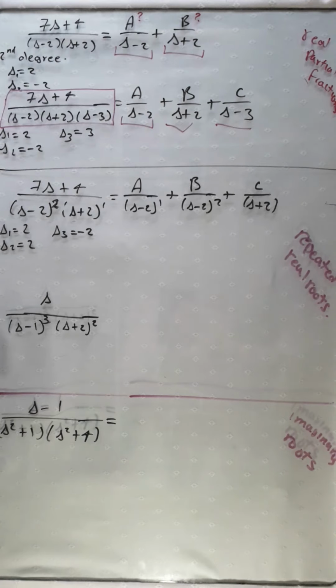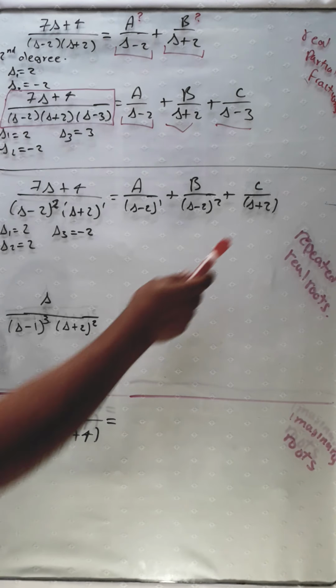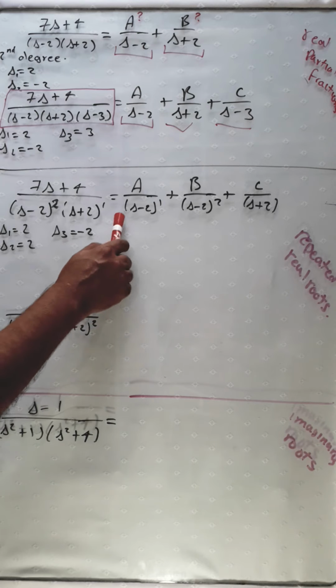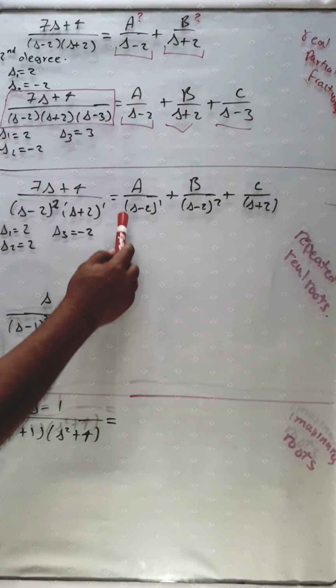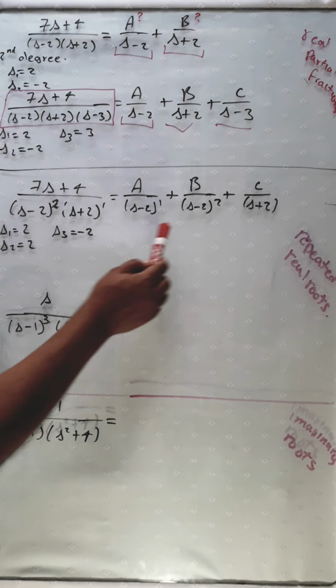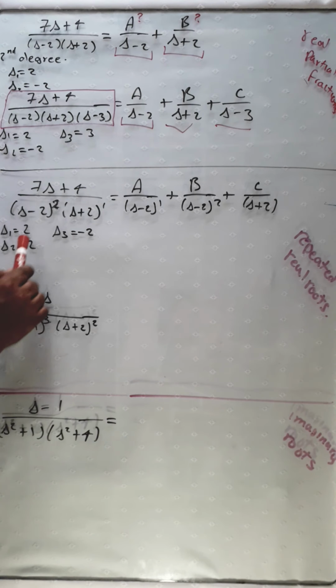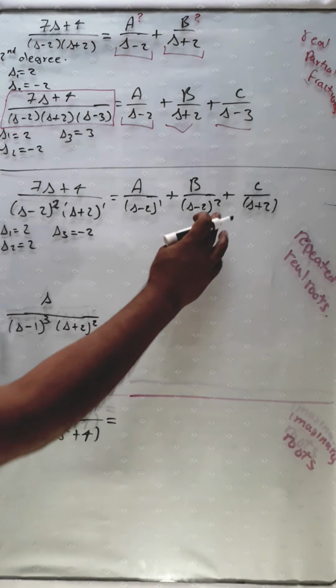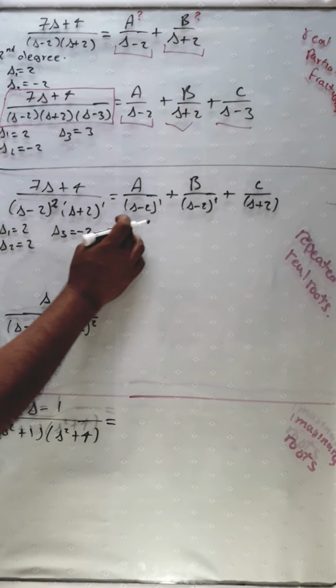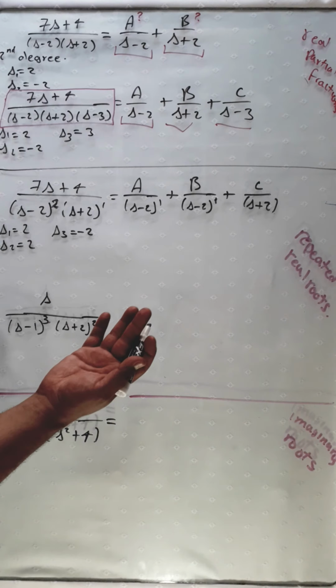Now, the last one is the partial fraction for this root. But what about this one? Well, this one, s minus 2, is for the first root, and this one is for the second root, which is repeated. Now, we cannot write s minus 2 power 1 again, because these two partial fractions would be the same.